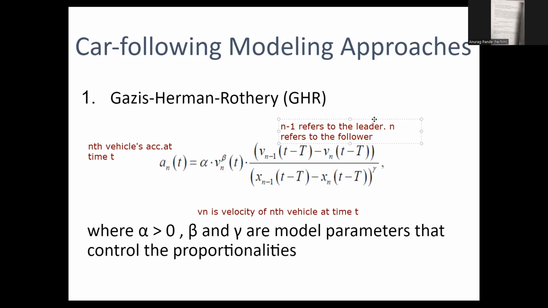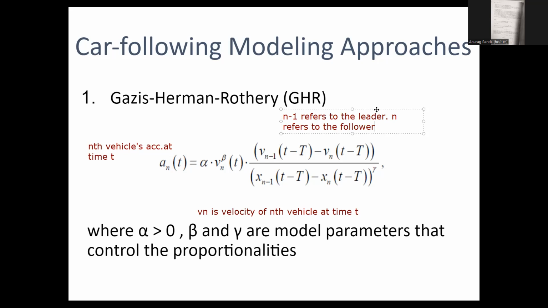This is on purpose, because on the slide I showed you a little while ago, I said n is the leader and n plus 1 is the follower. It's the same thing, really. You're just changing the notation. The leader will always have the lower subscript.